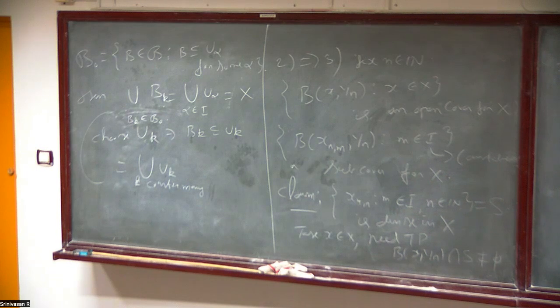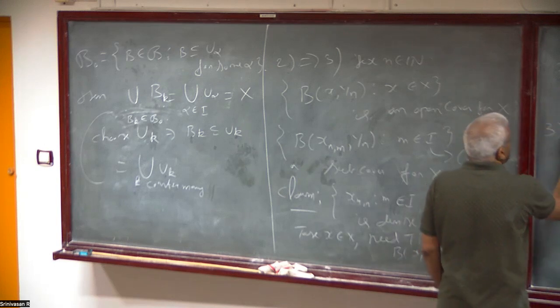Now x is here, means the distance between x and X_{n,m} is less than 1/n. This implies X_{n,m} is in B(x, 1/n), right? That's what we want to prove. Distance between this and this is less than 1/n. Both are true, right? It follows immediately. The meaning is just the same.